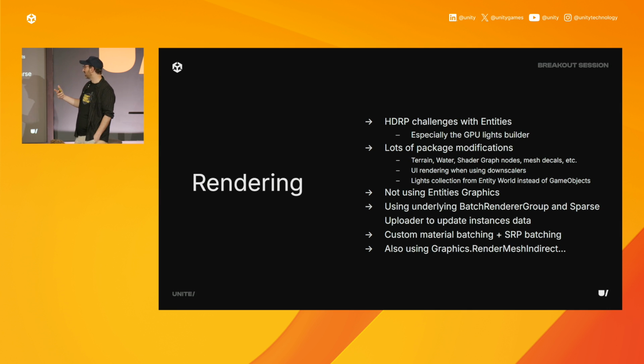With a combination of that API plus a sparse uploader to update the compute data that holds the instance data, we were able to get a very similar approach to what the Hybrid Renderer does without having to use it and suffer from the potential changes of such an early package again.